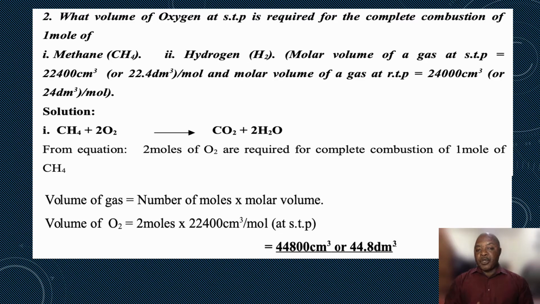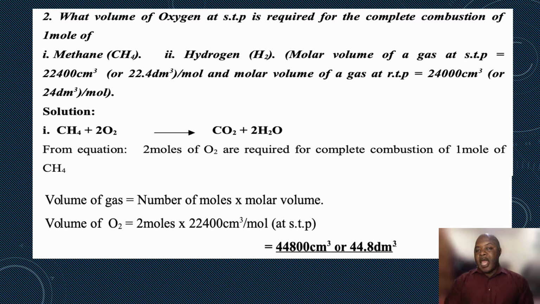Then from the equation you can say 2 moles of oxygen are reacting with 1 mole of methane. Or you can say 2 moles of oxygen are required for complete combustion of 1 mole of methane. From the equation, there are 2 moles there. Remember, what will be the volume of oxygen?